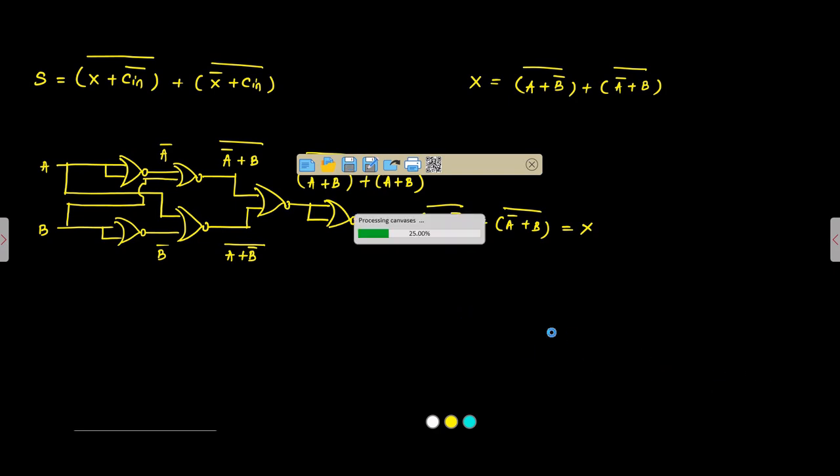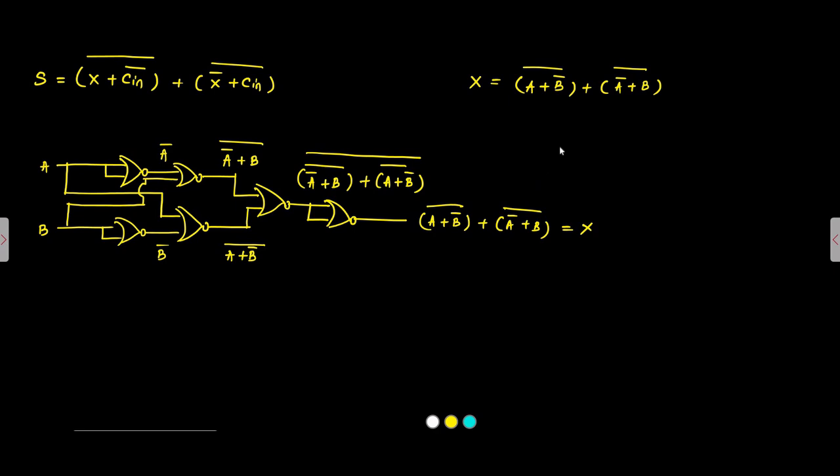So now we need to get the final sum expression of the full adder, which is S equals (X or C in bar) whole complement, or (X bar or C in) whole complement.